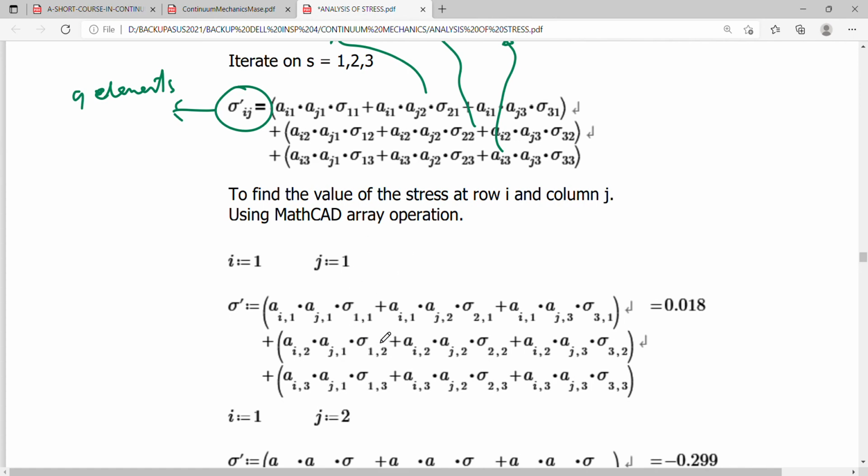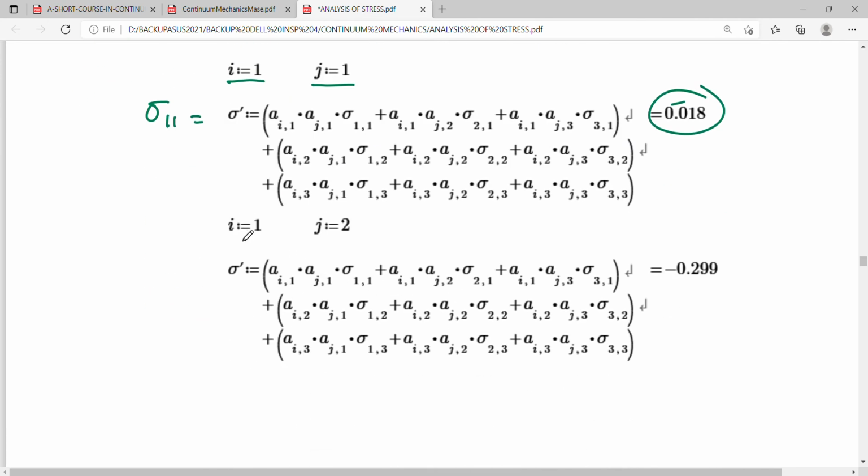Okay, so all the i's and the j's will be computed on the basis of I equals 1 and j equals 1. So if I have a sigma here, this is actually my sigma 1, 1, okay, equal to 0.018. Okay, so the good thing about MathCAD is only change the I and the j values, 1, 2.